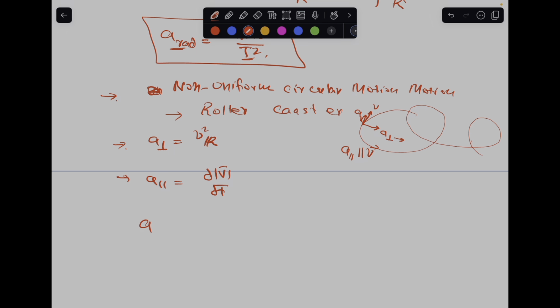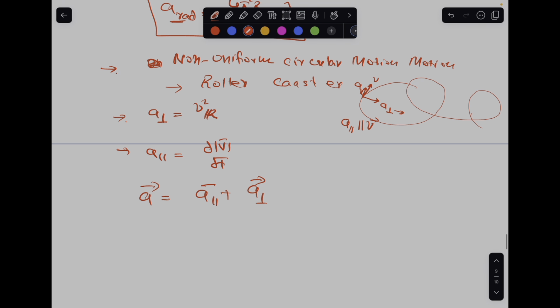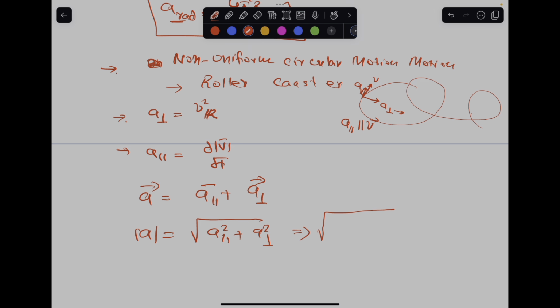Then our total acceleration is the parallel plus perpendicular. This is the vector, and the magnitude of this acceleration is nothing but the square root of a parallel square plus a perpendicular square, or we can write it as a tangential square plus a radial square.